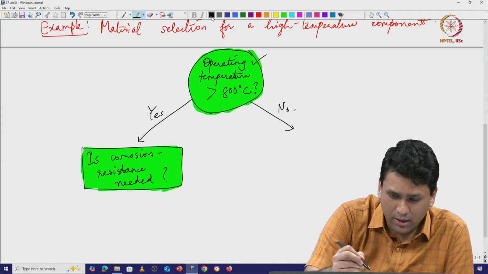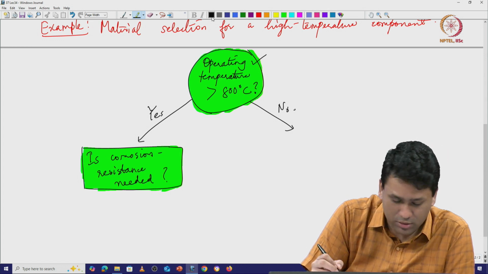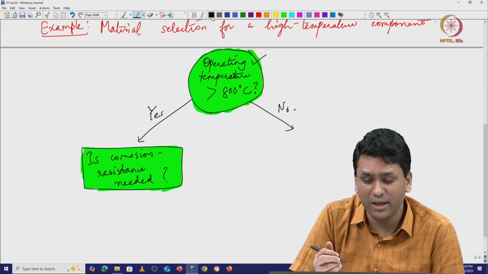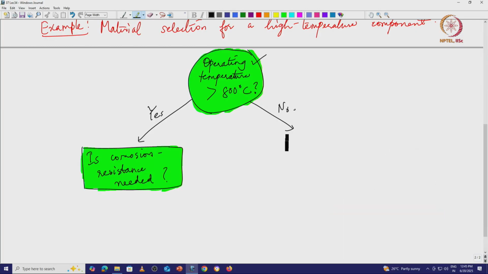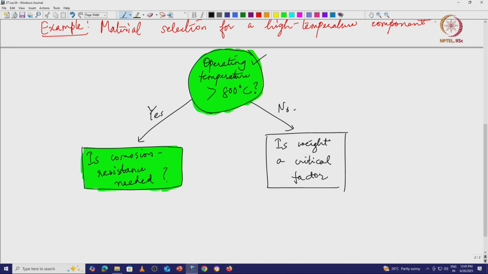And let us say you answered no, that corrosion resistance is not needed. Maybe you ask a different question: is low weight a critical factor, do you need the weight to be low? Sorry, here actually at no there is a prediction.